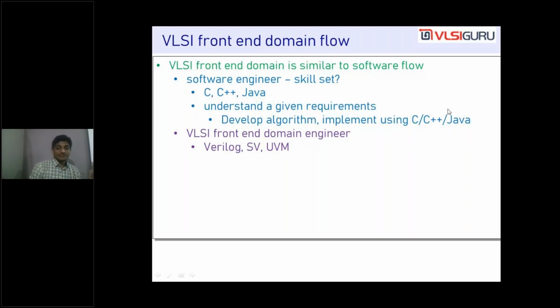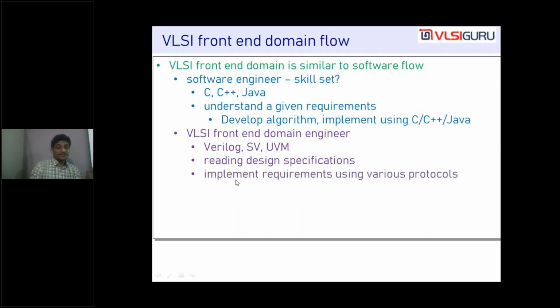In VLSI also, people should be able to read the required specifications. There will be a document which tells how the chip should behave. That is called the specifications. They understand and implement these specifications and requirements using various protocols. What kind of protocols are we talking about? USB, PCI Express, DDR, SPI, AXI, AHB. There will be many protocols.